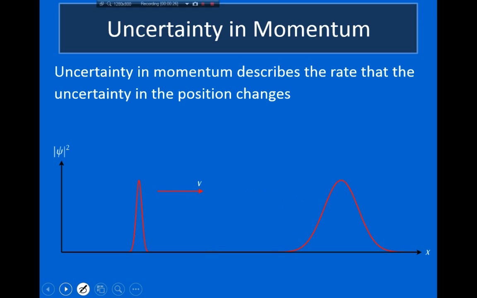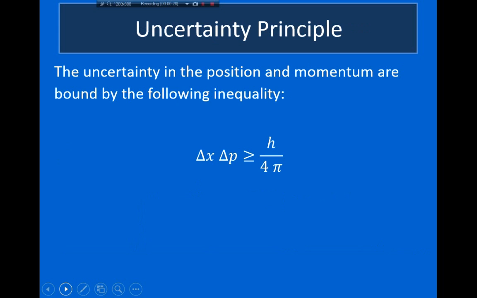And it turns out that the uncertainty in the position of a wave function and the uncertainty in the momentum of the wave function are limited by something called the Heisenberg uncertainty principle. What the Heisenberg uncertainty principle says is that the uncertainty in the position of a wave function times the uncertainty in the momentum of the wave function must be greater than or equal to Planck's constant divided by 4 pi.